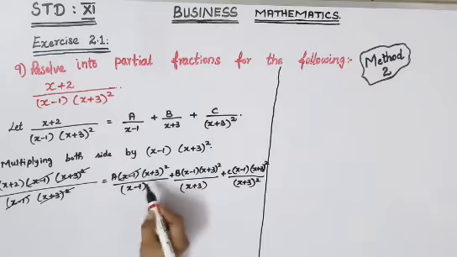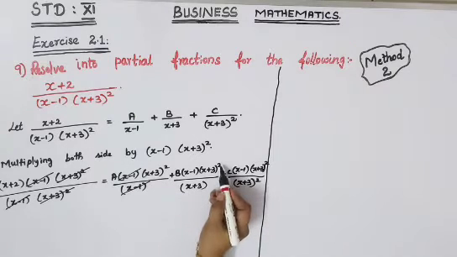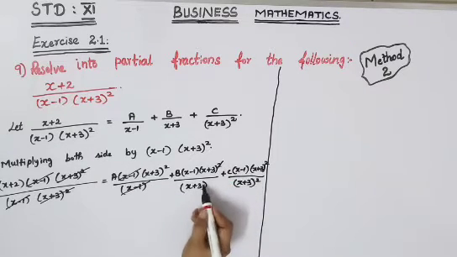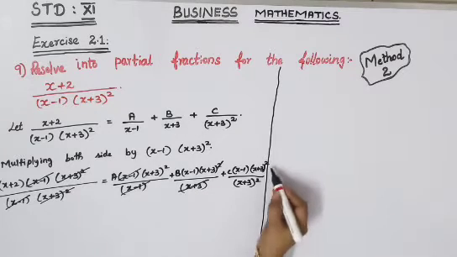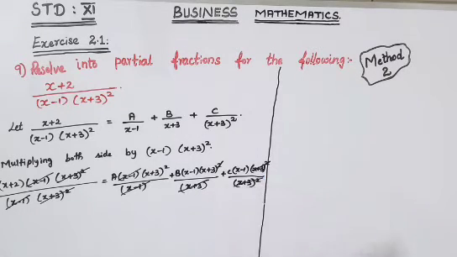And this side, x - 1 will go. Here (x + 3) the whole square, so you can cancel one x + 3 with this. Here (x + 3) the whole square as it is with this (x + 3) the whole square.